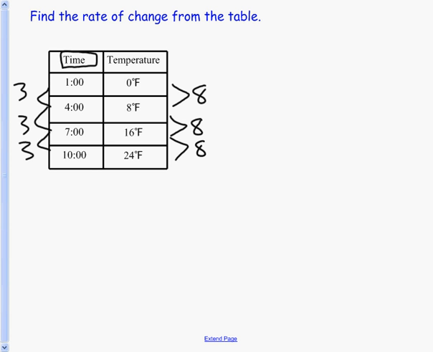So just from that, I know my answer is going to have temperatures on top because it's a Y. So I have 8 over 3. But for some math, we need to take 2 points. So we're going to take 4 o'clock being 8 degrees.